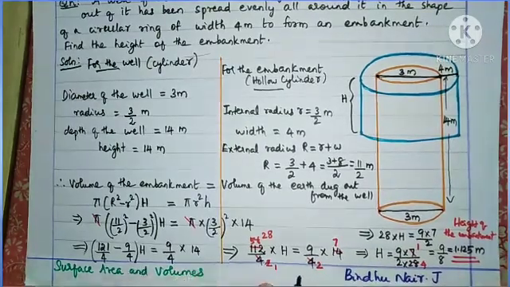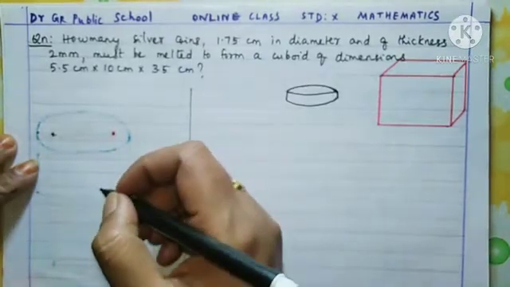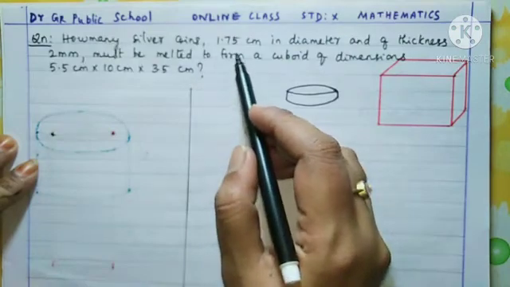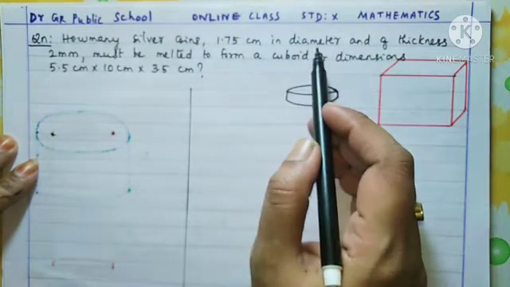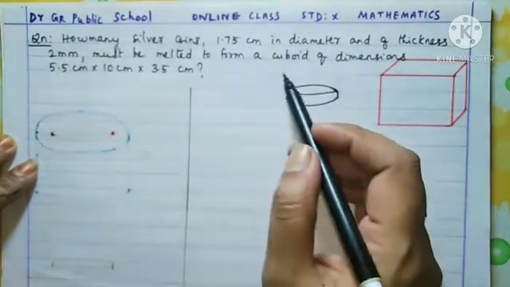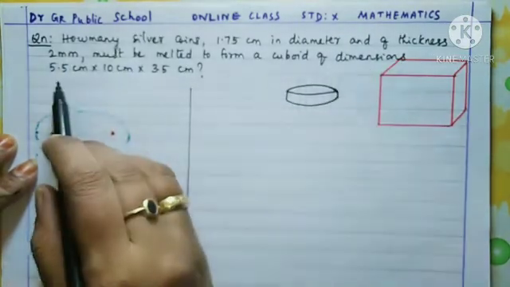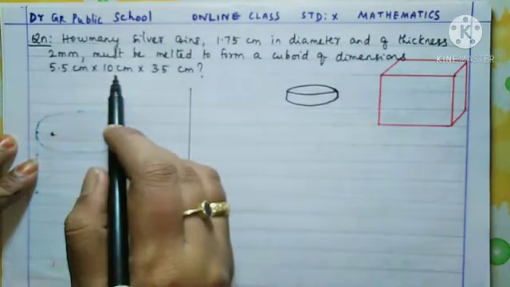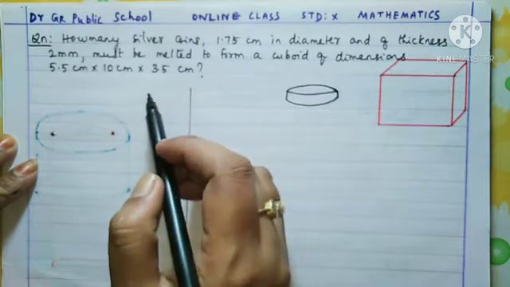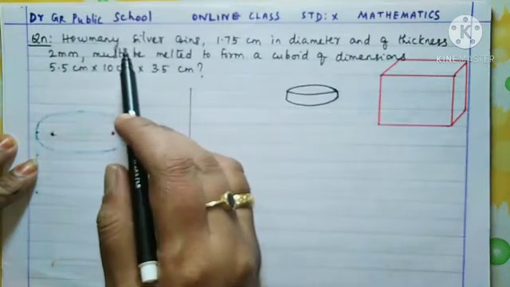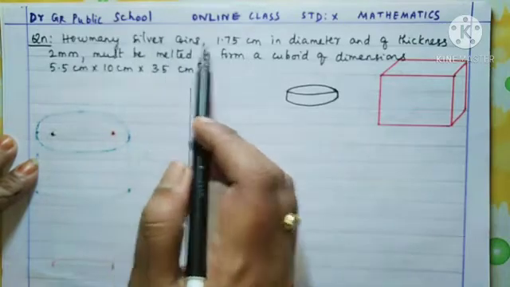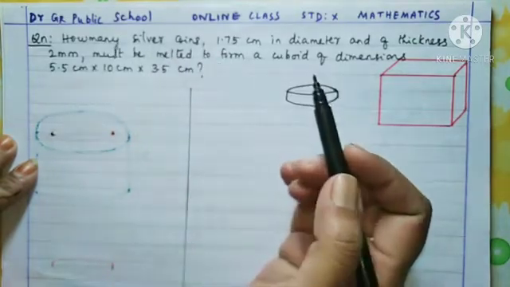Okay, yes. So this is your second question, children. How many silver coins 1.75 centimeters in diameter and of thickness 2 millimeters must be melted to form a cuboid of dimensions 5.5 centimeters, 10 centimeters, 3.5 centimeters? Okay, so the problem is some silver coins are there, and how many coins we are not aware of.